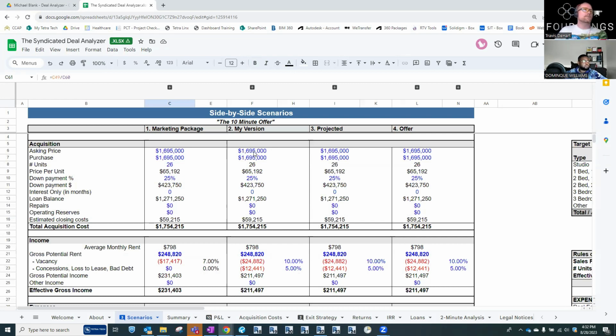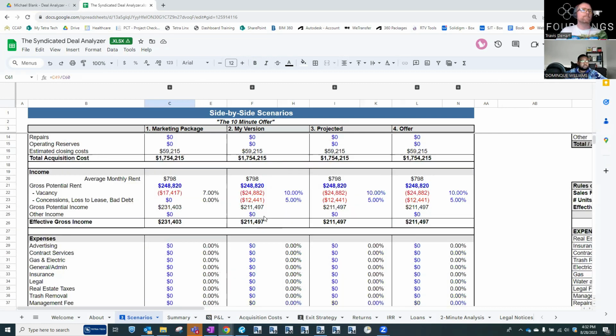So let's just say we're going to keep the asking price, still the same amount of units. What we're going to do is right here, instead of a 7% vacancy, we're going to modify that slightly. So instead of 7%, we're going to make it maybe 10%.